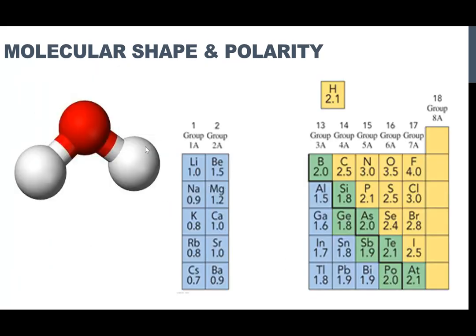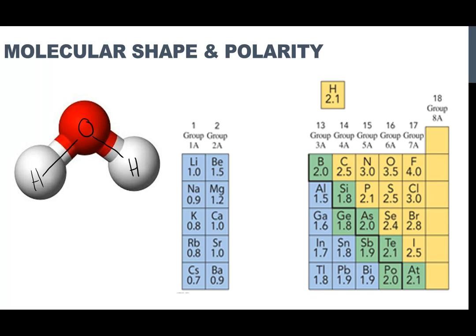So the first one that we're going to answer is water. Is water a polar molecule? The first thing we're going to look at is, is there a dipole moment? Just as a reminder, water is H2O, of course. So this is going to be oxygen, hydrogen, hydrogen.